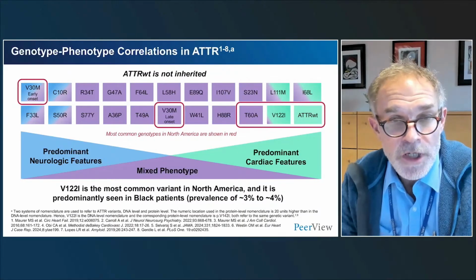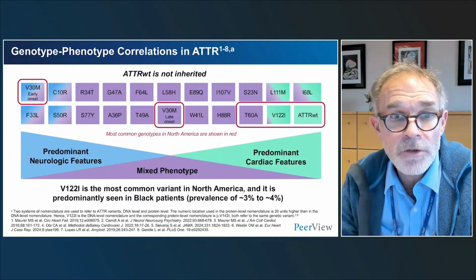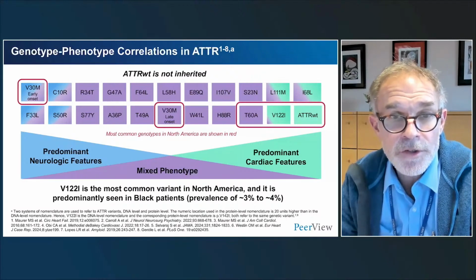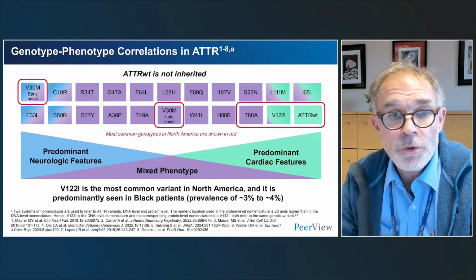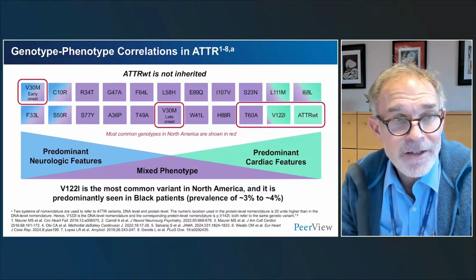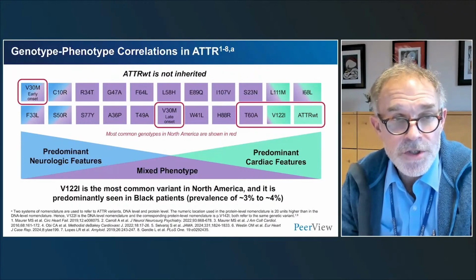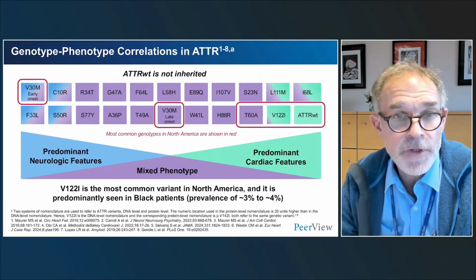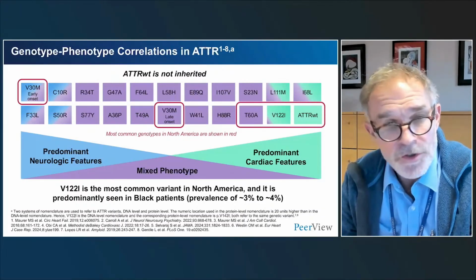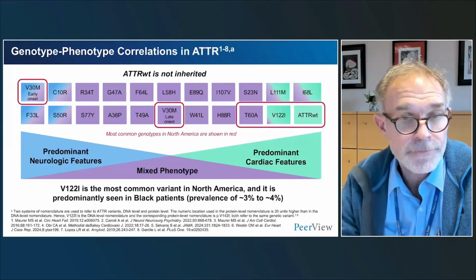There are other mutations, including most of the mutations that are common in North America and in the UK, including the T60A, the V122I, which cause a predominant cardiac phenotype. Having said that, pretty much every one of the 130 mutations can give a mixed phenotype, although the vast majority will have dominant cardiac features or dominant neurological features.